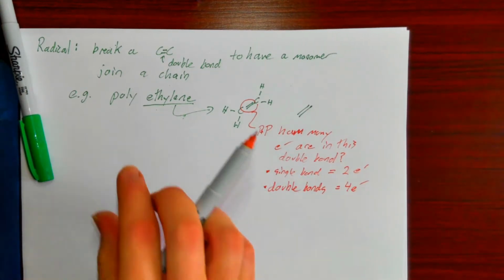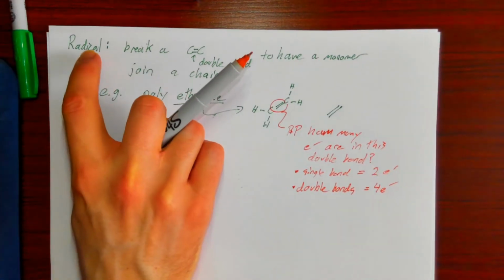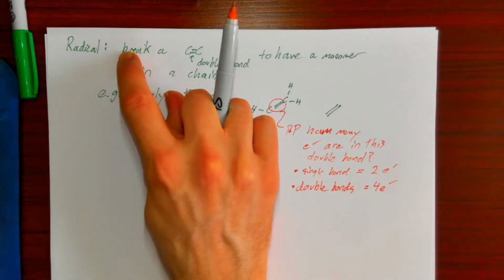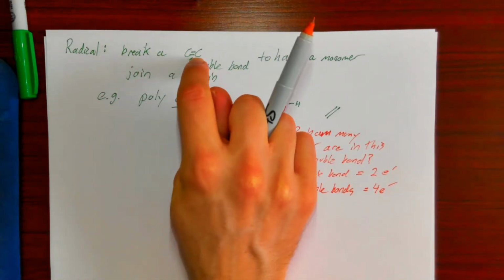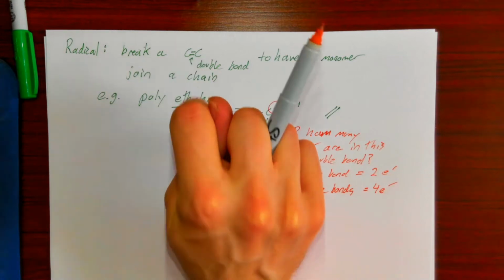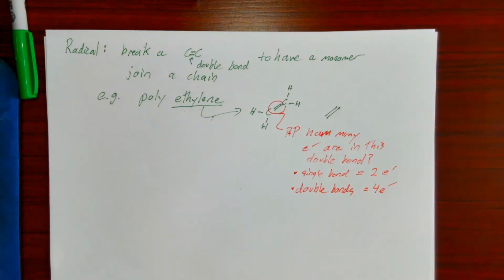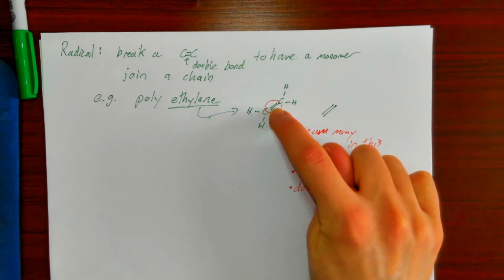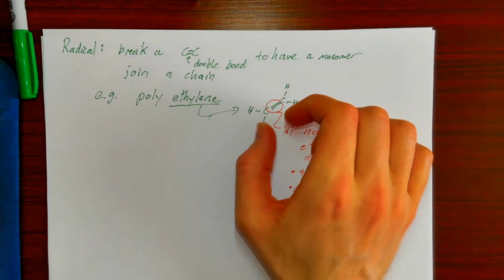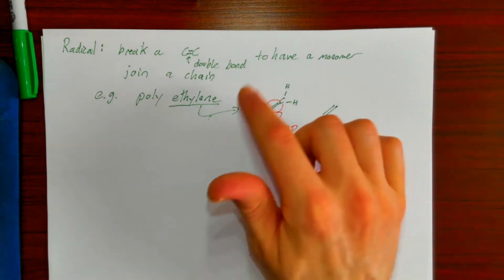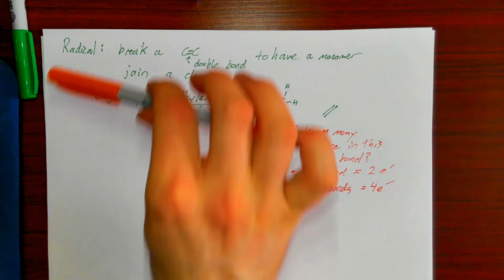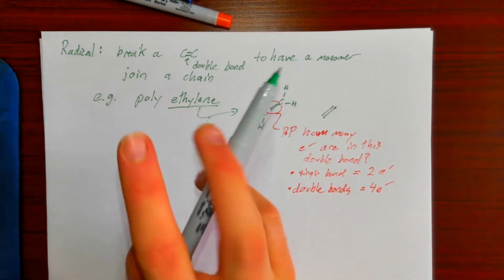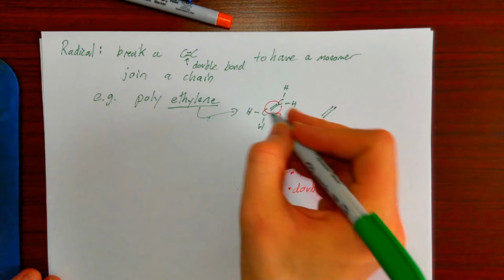So what implication does that have for radical polymerization? Basically, when we're doing a radical polymerization, there's a carbon-carbon double bond, and 2 of the electrons that participate in this double bond get broken up and put elsewhere in the molecule, and that helps us with the chain growth. So if you remember polyethylene, ethylene looks like this.